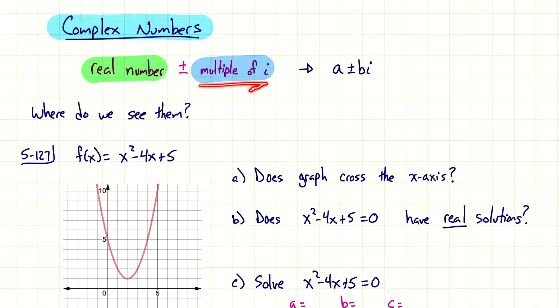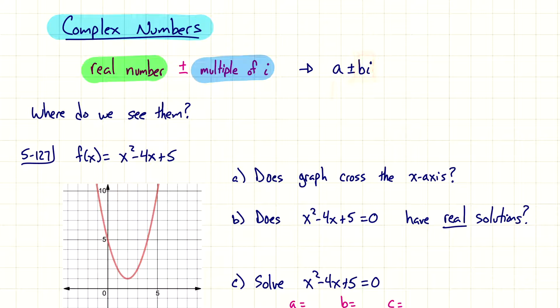So it could be 1i, 2i, 5i, some number. So the general format looks something like this: a would be a real number, plus or minus bi, where bi represents the imaginary part.